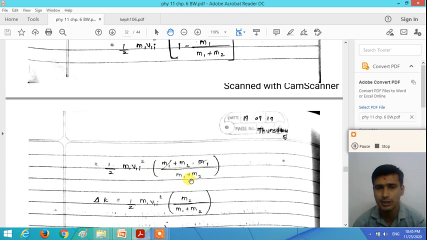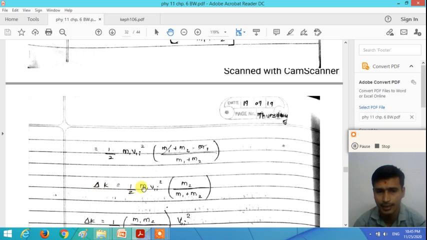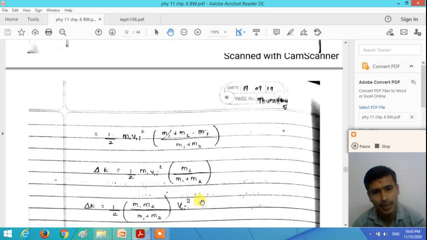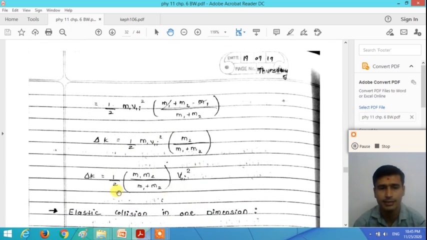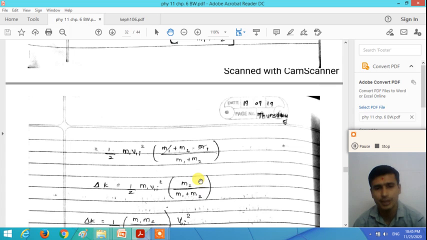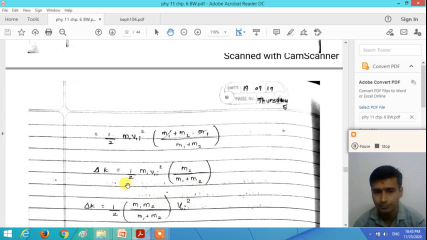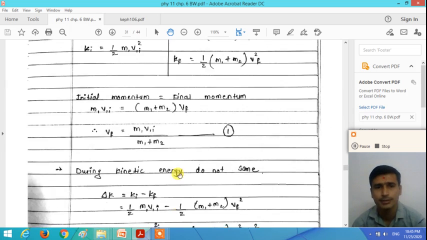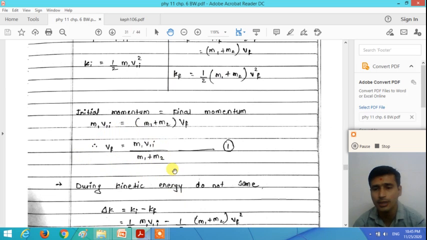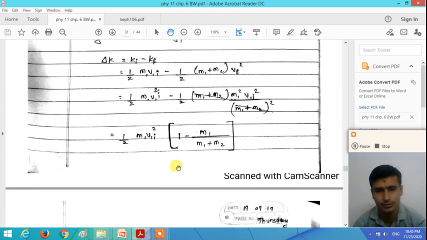So the change in the kinetic energy, Delta K, is equal to 1/2 m1 v1i square m2 divided by (m1 plus m2), or we can also write Delta K is equal to 1/2 m1 m2 divided by (m1 plus m2) into v1i square. This way we can find the change in the kinetic energy and the final velocity of the objects. Understand, dear student?